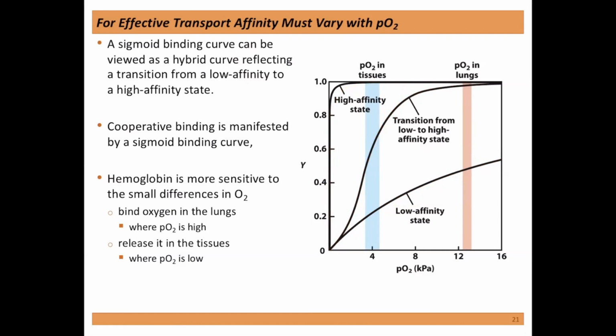Okay, so hemoglobin is more sensitive to small differences in oxygen. So hemoglobin will bind oxygen in the lungs when the concentration or the pressure of the O2 is high, and it will release a significant amount in tissues when the PO2 is low.